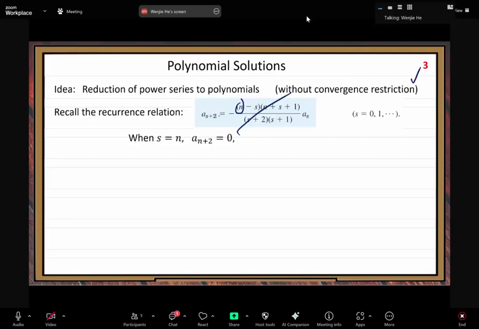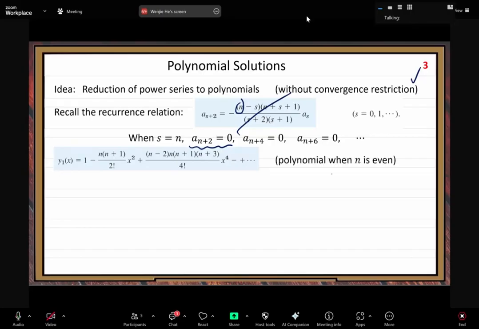Because s equals n, a sub n plus 2 equals 0, then n plus 4 is also 0, because you multiply by a 0. All the remaining coefficients of the even terms are 0. So the y1 function is a polynomial function when n is even.